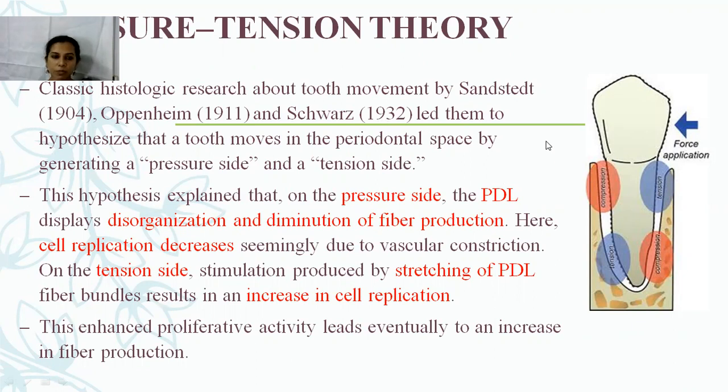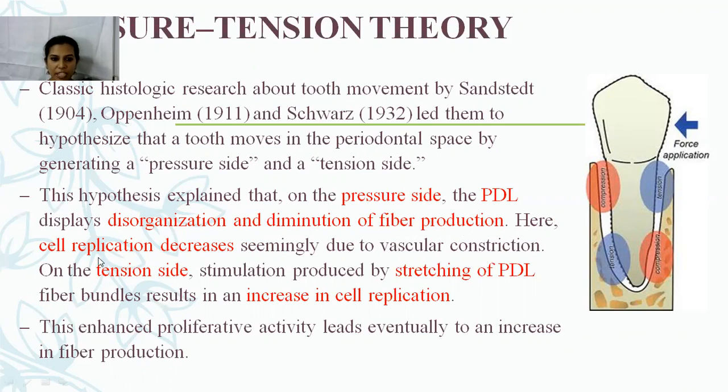The pressure tension theory was first put forward by Oppenheim in 1911 and Schwarz in 1932. They described a pressure side and a tension side. The pressure side is where the force is applied, and the tension side is the opposite side of the application of force. According to this theory, on the pressure side the PDL disorganizes and there will be fiber production.